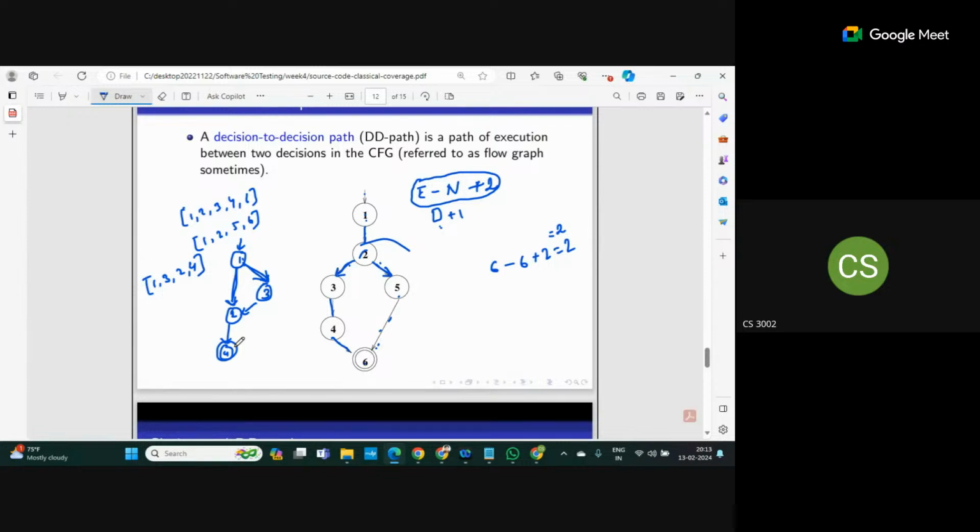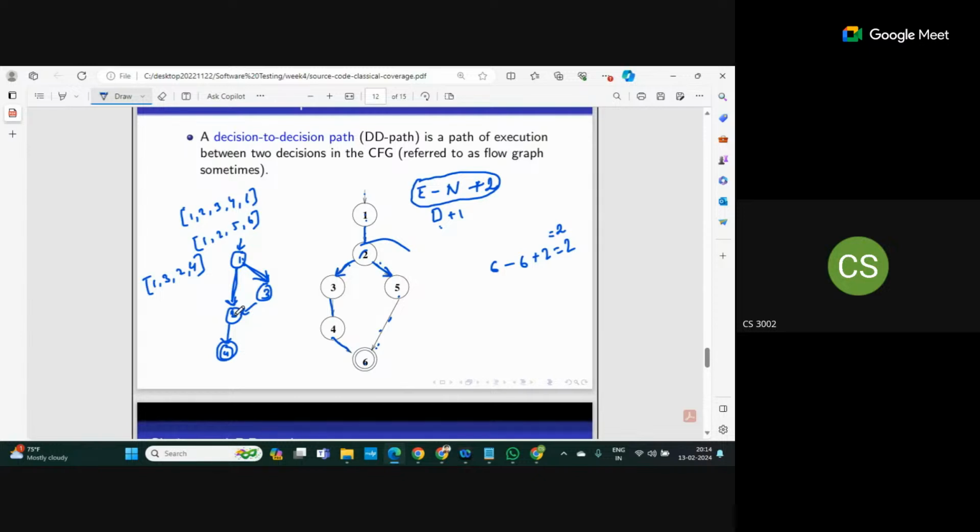But that's not a good coverage because we are missing this particular path. So branch coverage is a kind of edge coverage, right? It's defined in a different way by definition, but actually the coverage you'll get is the same for node coverage and statement coverage, whereas edge coverage gives coverage similar to branch coverage.